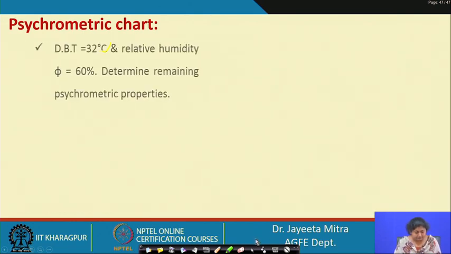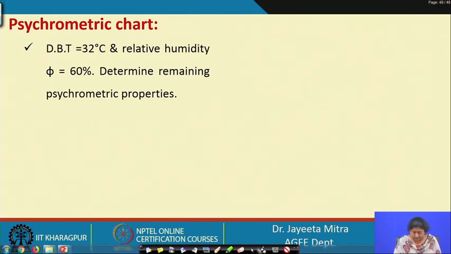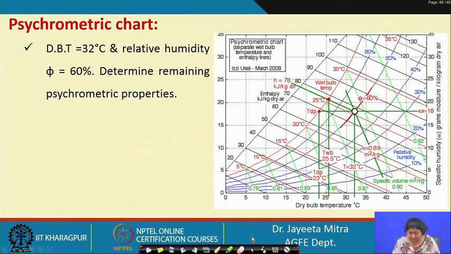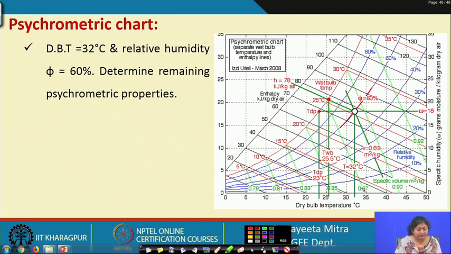Okay. So, we will see how from any two properties of the psychrometric chart we can calculate all other properties. For example, here in this psychrometric chart we have taken a condition, that is dry bulb temperature 32 degree Celsius and relative humidity 60%.